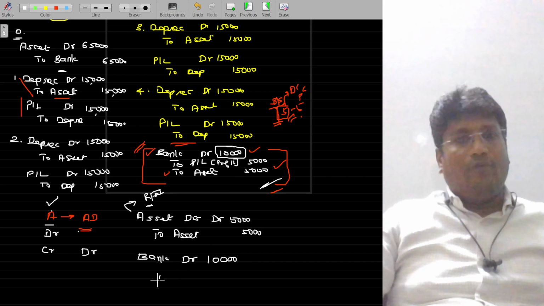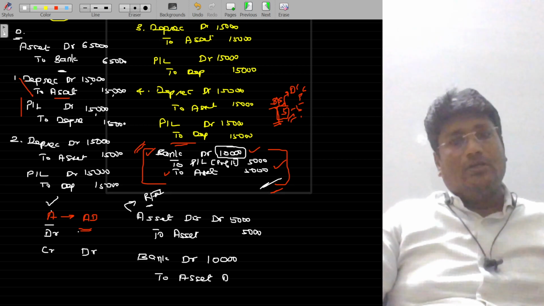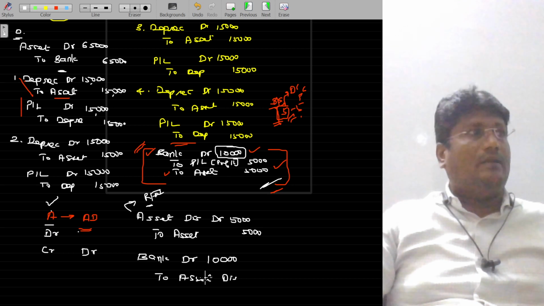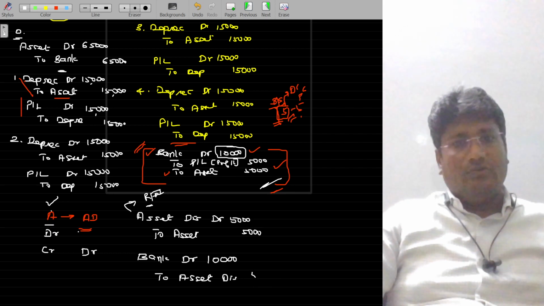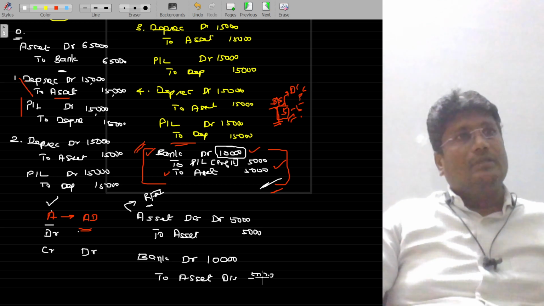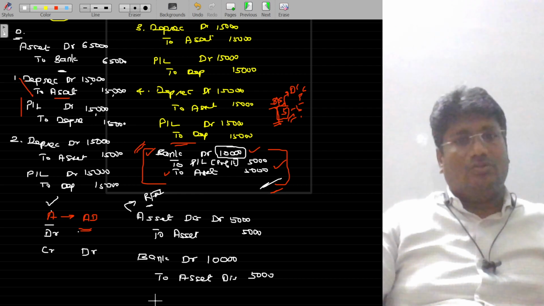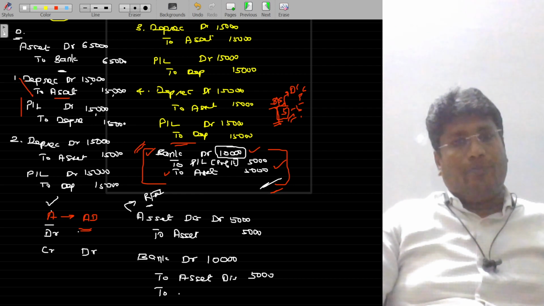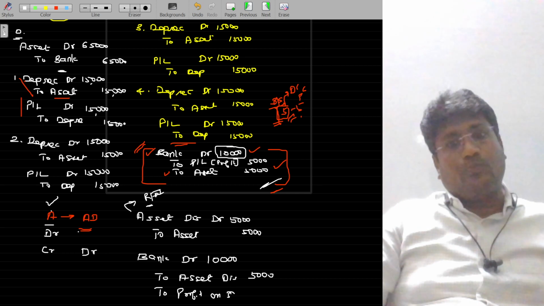And the value of the asset disposed here is 5,000 rupees as per the books. So it is available in the asset disposal account, not in the asset account. 5,000 rupees. The difference between these two is nothing but what? My profit. So profit on sale, profit on disposal.